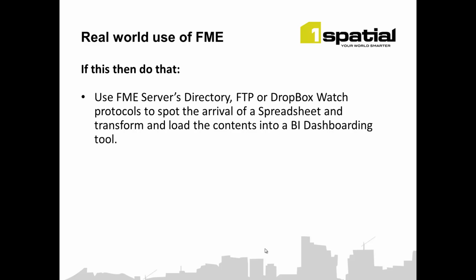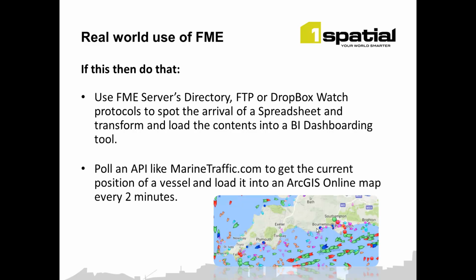Maybe a colleague is filling in a spreadsheet that you need to automatically parse in order to push data into a business intelligence dashboard like Kibana or Tableau or Microsoft's Power BI. Automatically filling those dashboards with content from files that arrive in a particular location.